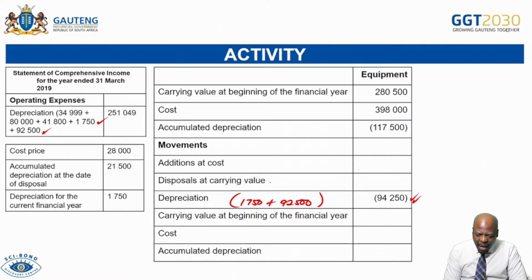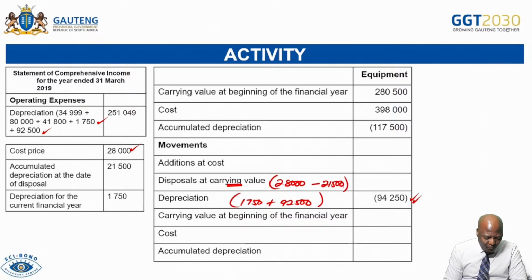But we know that we have an asset that was disposed at carrying value. And to get the disposal at carrying value, it's very simple. They're saying, what was the carrying value on the date we disposed the asset? To get the carrying value, you simply say cost. How much was the cost? 28,000. How much was the accumulated? 21.5.